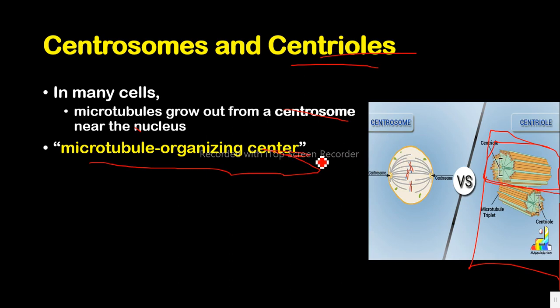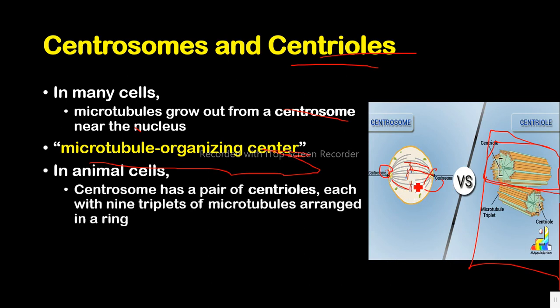So I think you can now see how important these structures are. In animal cells, for instance, the microtubules originate from these centrioles, and the microtubules will attach to chromosomes and separate them.